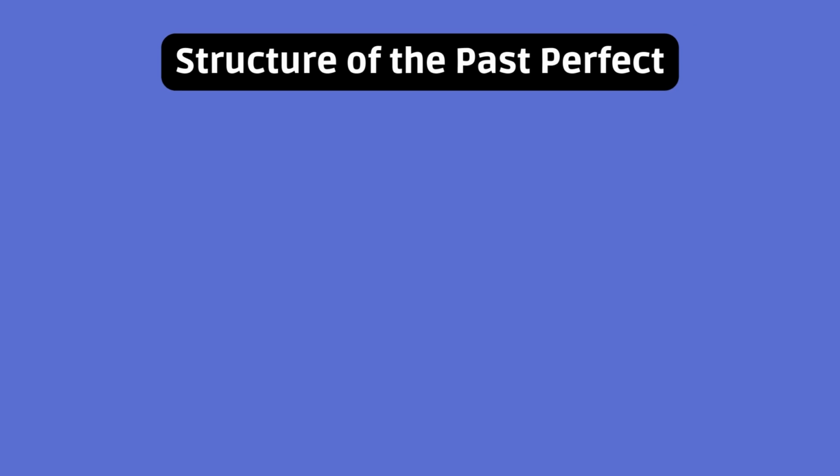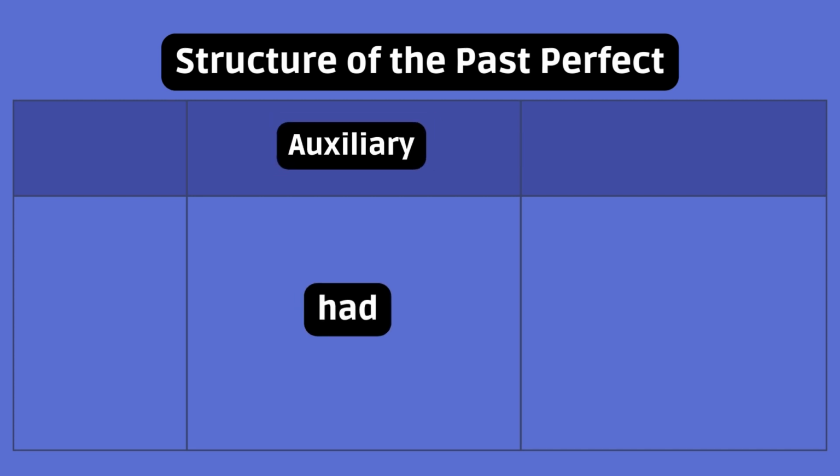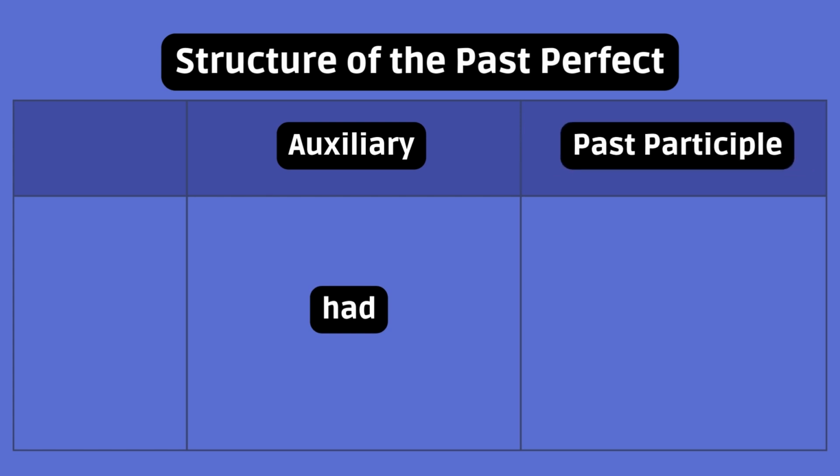Structure of the past perfect. Even though the past perfect might not feel too widespread in day-to-day English, its structure is quite simple and manageable. It consists of two words, an auxiliary, had, the past of have, and a past participle.